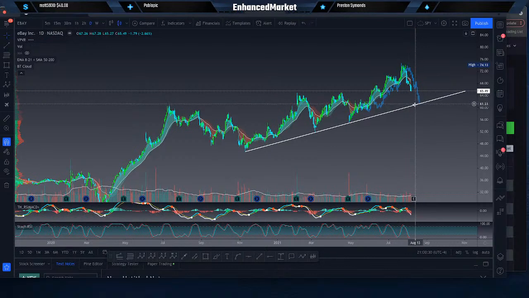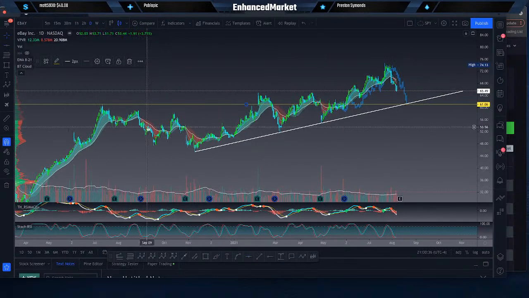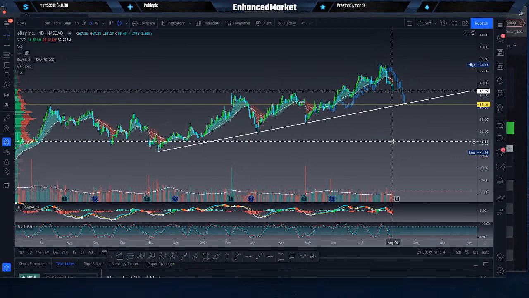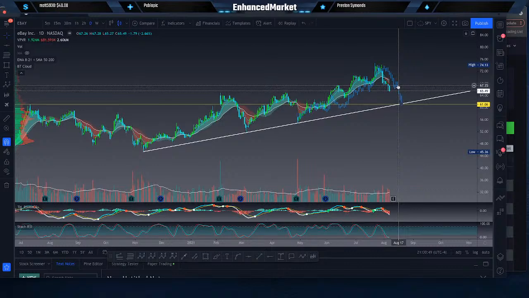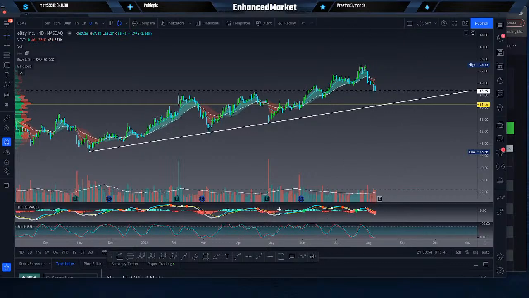I actually like this a lot. A pullback right here. This lines up perfectly with that previous high. All right, rejection, old support, resistance. So yeah, I mean, this is probably a wave 5 right here.